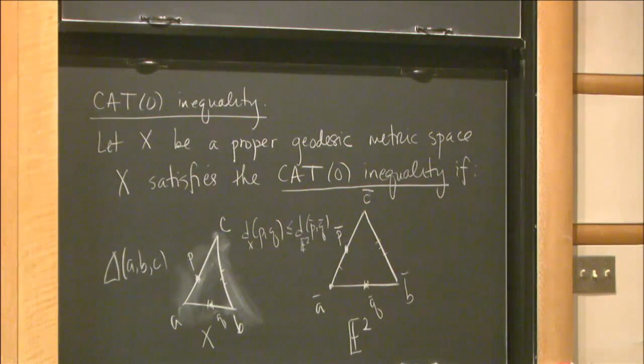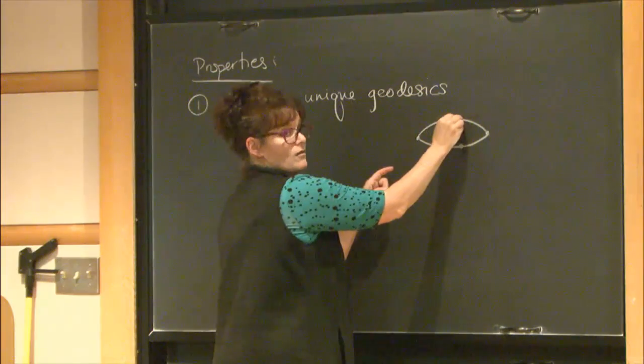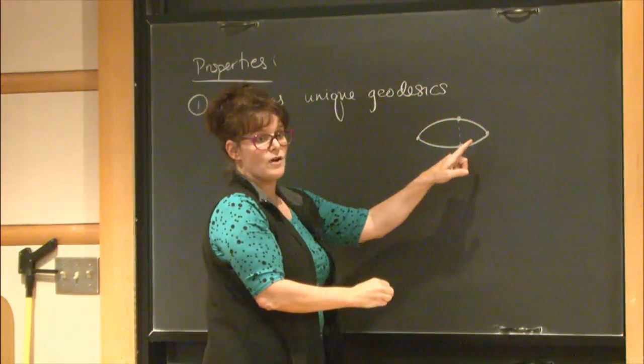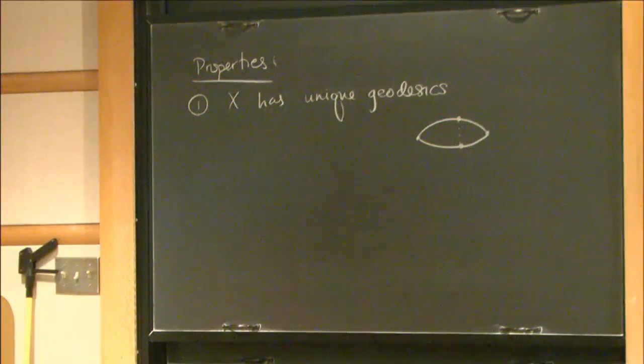All right, so X has unique geodesics. This is pretty straightforward to see once you think about what the Cat Zero inequality means. It really means if I had 2 geodesics like this between a pair of points, well, then if they differed somewhere, I'd be able to look at this triangle. First of all, you can think about it this way. If I'm Cat Zero, then I look like the Euclidean plane.